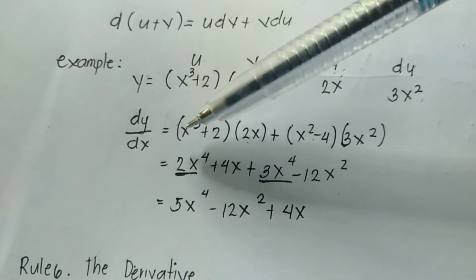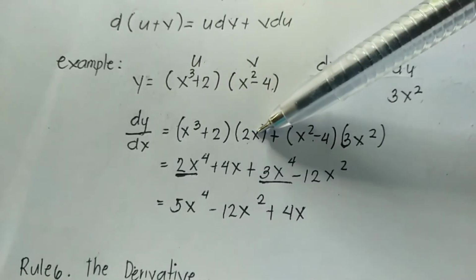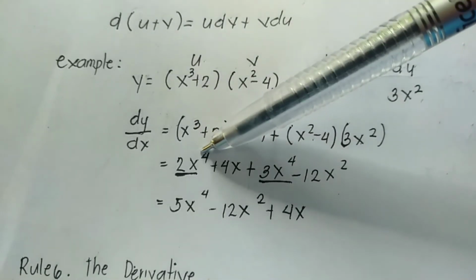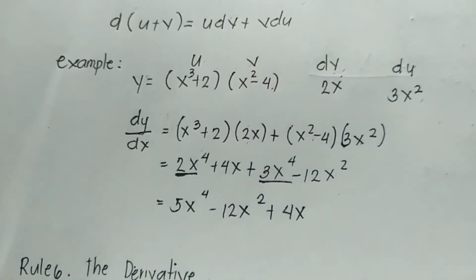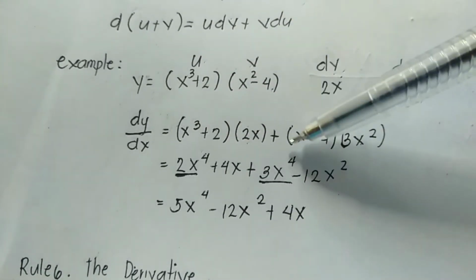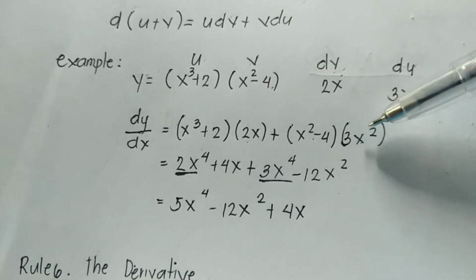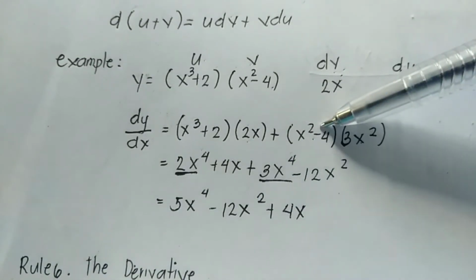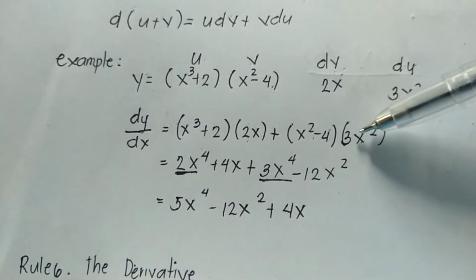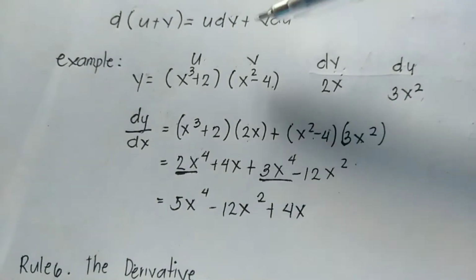Then simplify. x cubed times 2x is 2x to the 4th power, and 2 times 2x is equal to 4x, plus x squared times 3x squared is equal to 3x to the 4th power, and negative 4 times 3x squared is negative 12x squared.